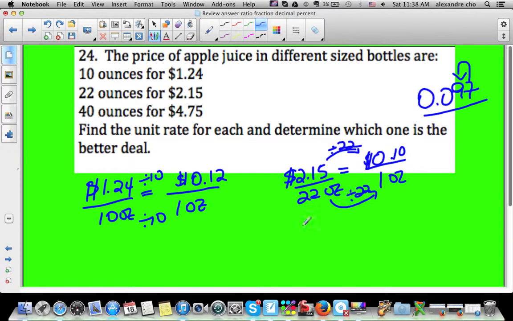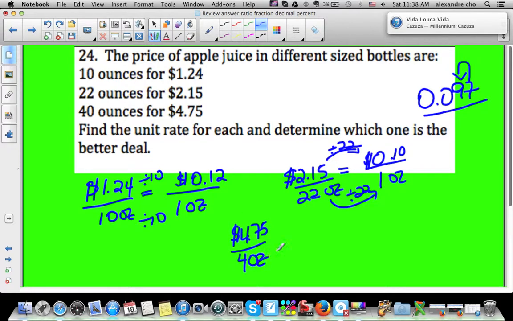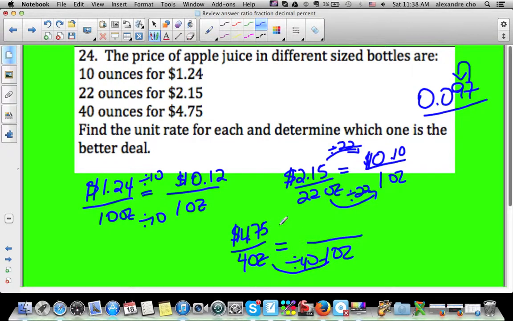Okay, and finally the last one, 40 ounces for $4.75. $4.75 for 40 ounces of OJ. And again, we want to know how much 1 ounce costs. So it's divided by 40 here. And you're going to divide the top by 40. So 4.75 divided by 40 on the calculator, I'm going to write on the side, came out to 0.118.